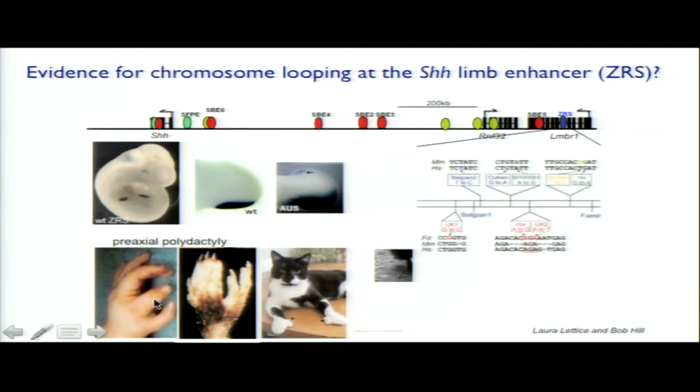Completely amazing. And this system is really easily perturbed, because point mutations in this conserved limb enhancer for sonic hedgehog in humans, mice, 6-toed cats, and chickens as well, I think that picture of the chicken's gone wrong here, never mind, all produce the same phenotype of preaxial polydactyly, so that's too many digits and incorrect anterior posterior specification.